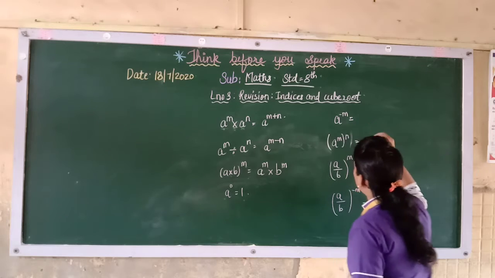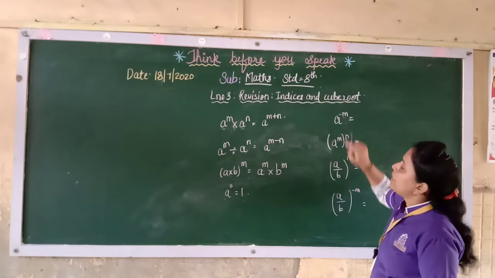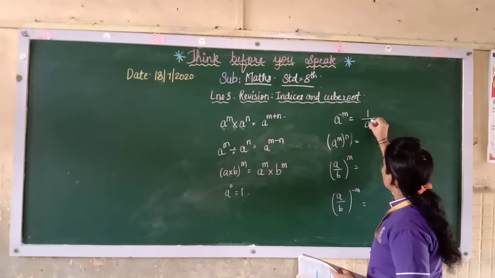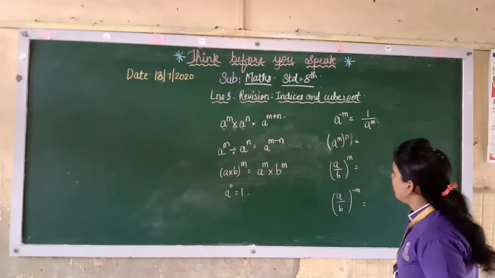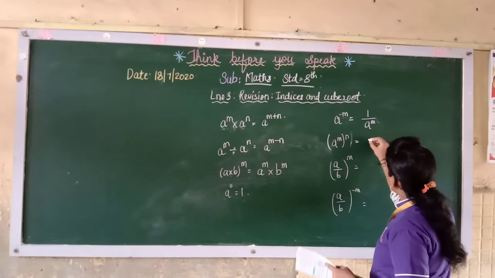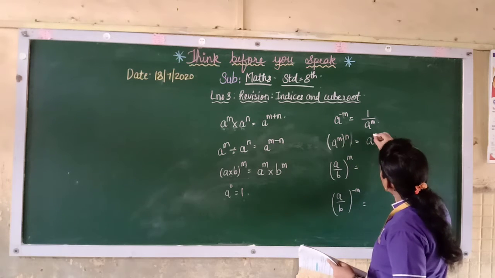Now here a raised to minus n. Now see, here the index is negative, you can make it positive by writing it on the downside. Now here also it is a raised to m whole raised to n. Whenever a bracket is there, it means multiplication.